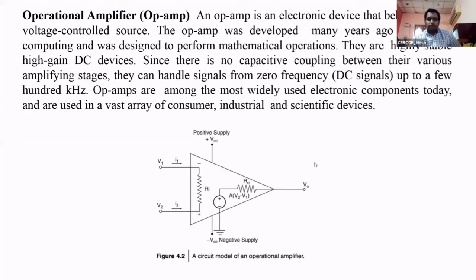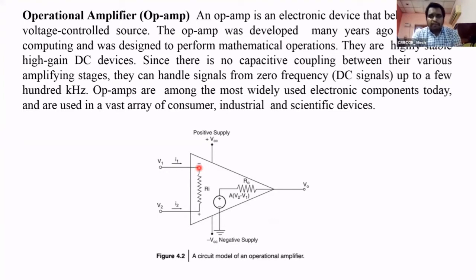Now we see a model circuit of the operational amplifier. See this. Here we have two input voltages V1 and V2. V1 is connected to the negative terminal.